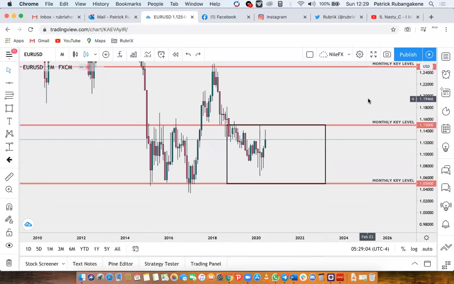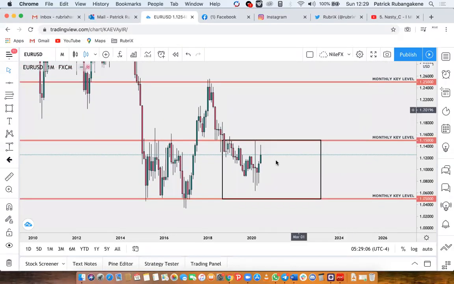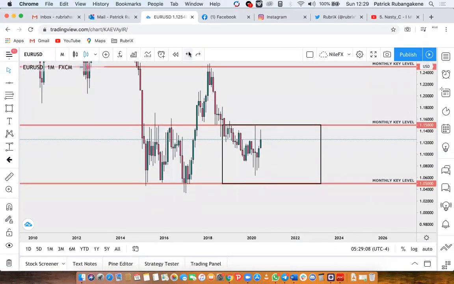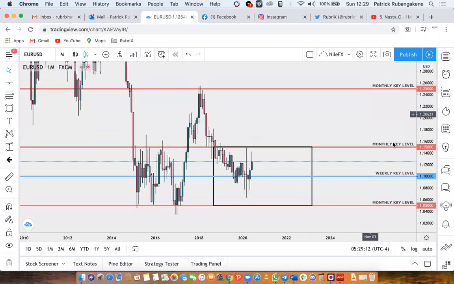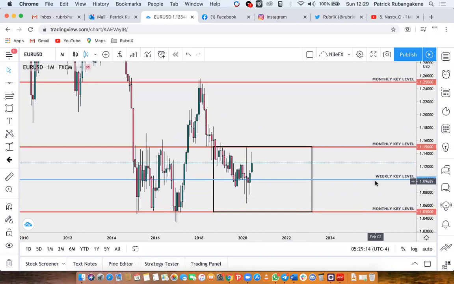Then when I go back to the monthly, for formality, let me keep it there. We basically know that this is a weekly key level. And the same way that dividing two monthly levels gave you a weekly level, when you divide a weekly level and a monthly level, you're going to come out with what we call a daily level.